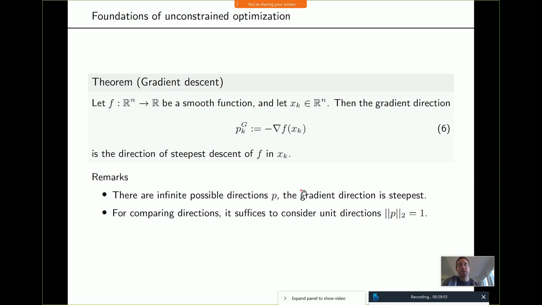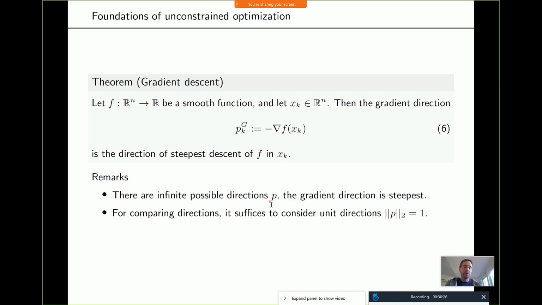What you need to keep in mind is that this is not the only direction. The gradient direction is not the only direction that you can go from some point on this mountain. You actually favor this direction of the gradient, because in this direction the descent is steepest. And why this is steepest, we will see on the next slide.